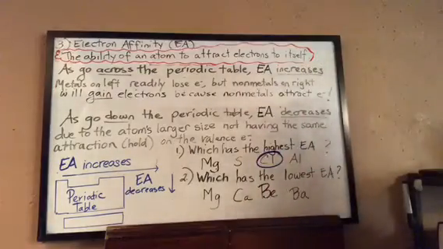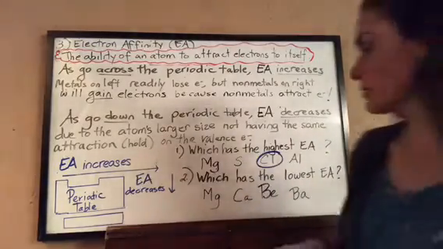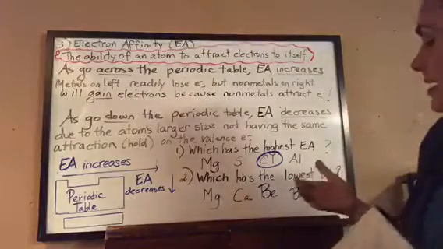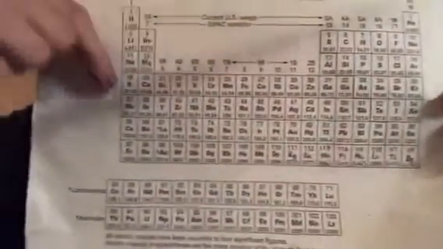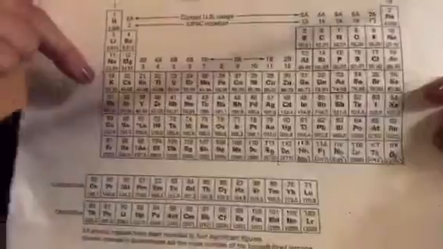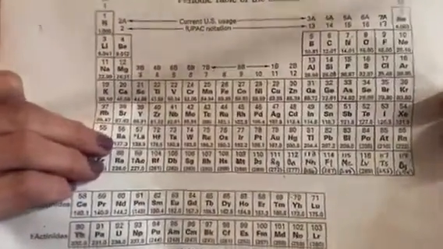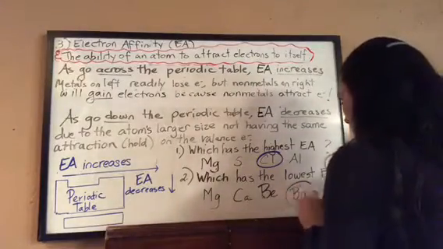What if we're comparing the alkaline earth metals? Magnesium, calcium, beryllium, barium. And we are asked which has the lowest electron affinity. So the lowest electron affinity would belong to the largest of those atoms. And the largest of those would be barium. Barium would have the lowest electron affinity.